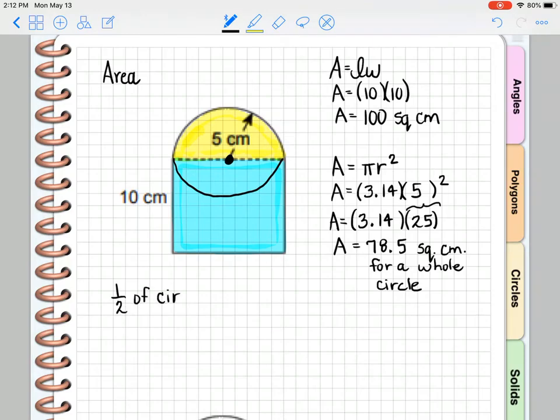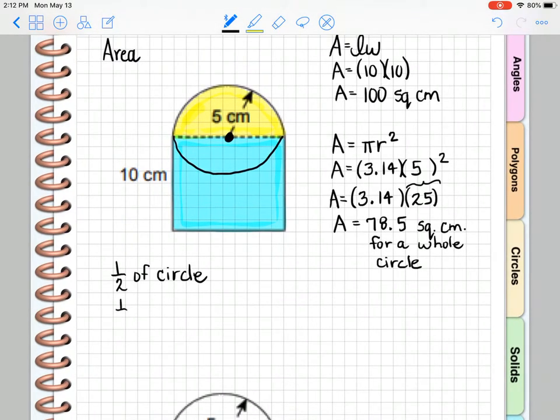If you have half of a circle, you have 1/2 of, which means multiply, and our circle is 78.5, and that's the math you need to do. Or you can divide it by 2, either way. But you get 39.25 in a half circle.